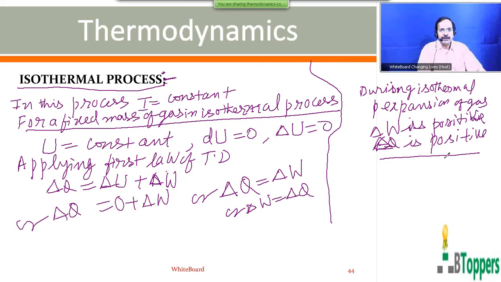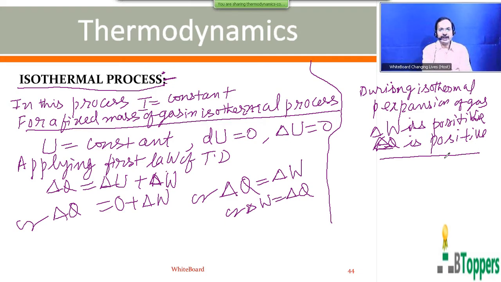That means whatever amount of work is done by the gas, exactly the same quantity of heat energy flows into the gas from surroundings. In practice, this can happen only when the gas is contained in a vessel with perfectly conducting walls. Suppose 400 joules of work is done by the gas during the isothermal expansion in a particular process.